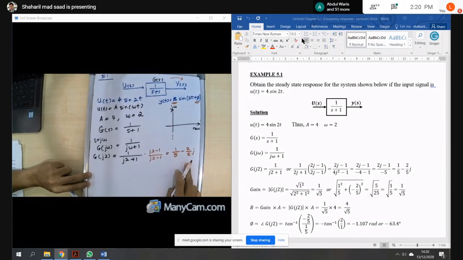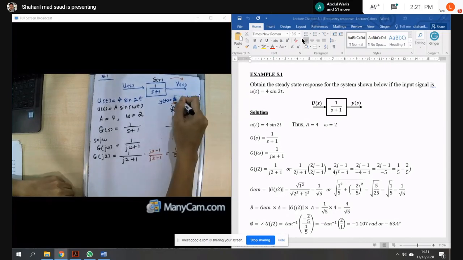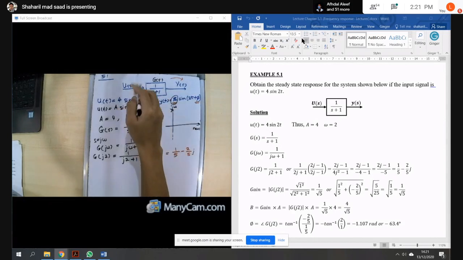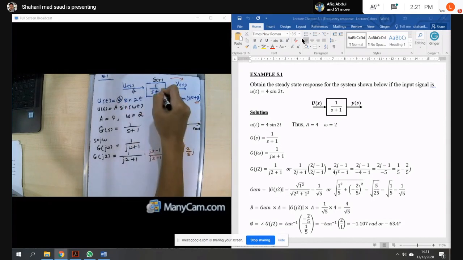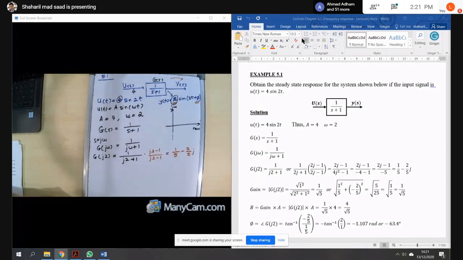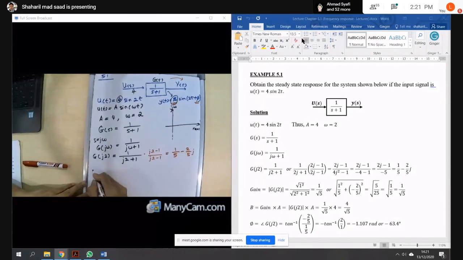In order to find B, which is the gain, you multiply the input amplitude by the gain. So we find the gain, or magnitude, of G(j2).